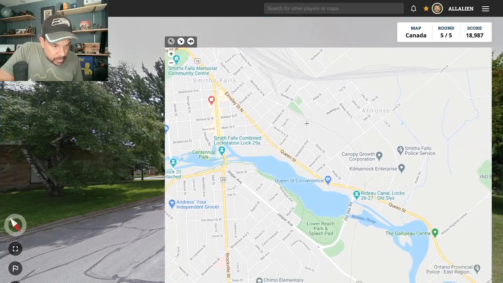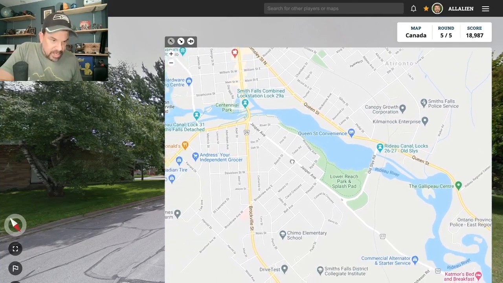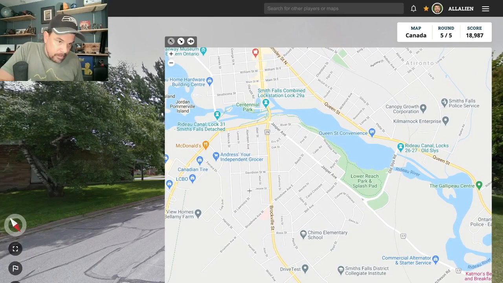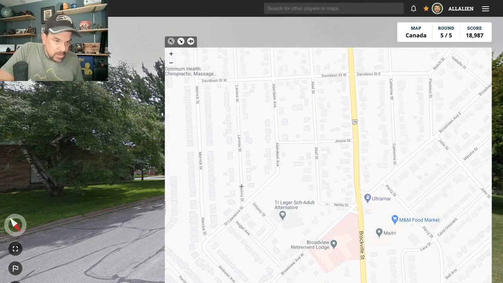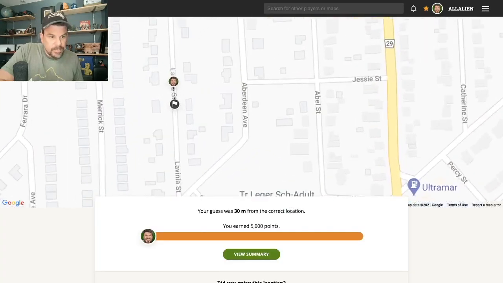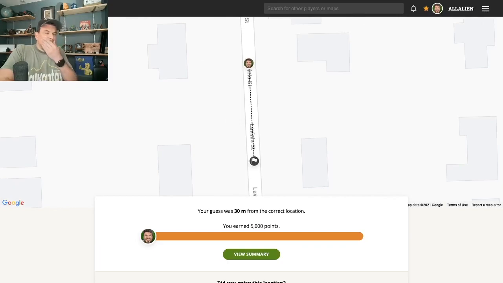Let's do a quick look around. Hopefully it won't take too long to find. There's St. Lawrence, there's Lavinia. We were about halfway up that block if I was to guess. There we go.